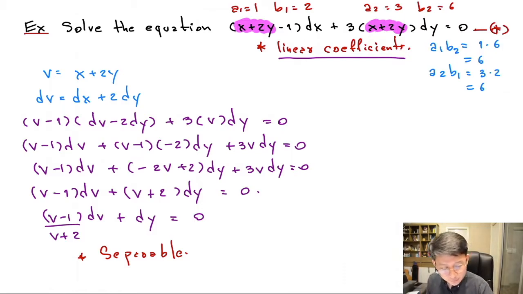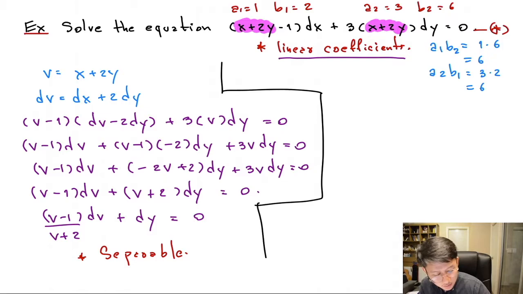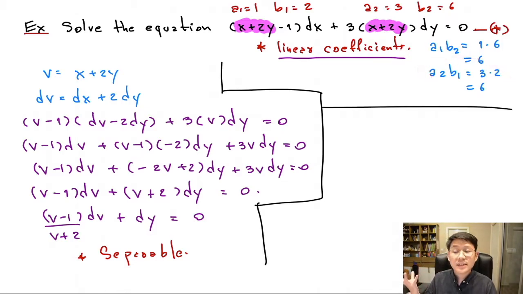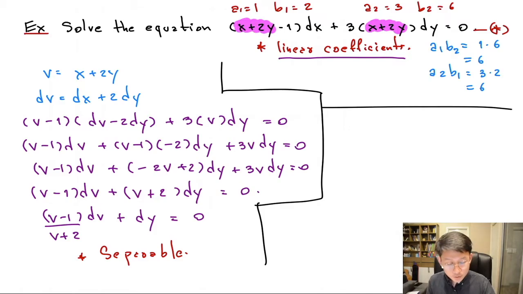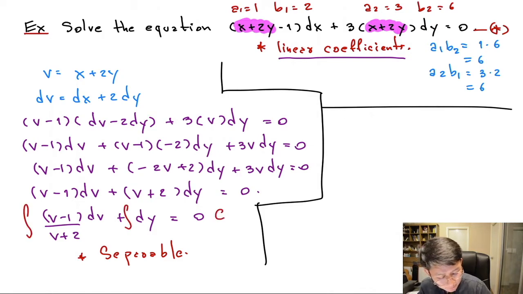And then if you follow the steps that we use in the linear coefficients technique, you're going to end up with the same separable equation. So to solve that, I will just integrate this equation. The integral of dy is y. That's easy, just do it first.